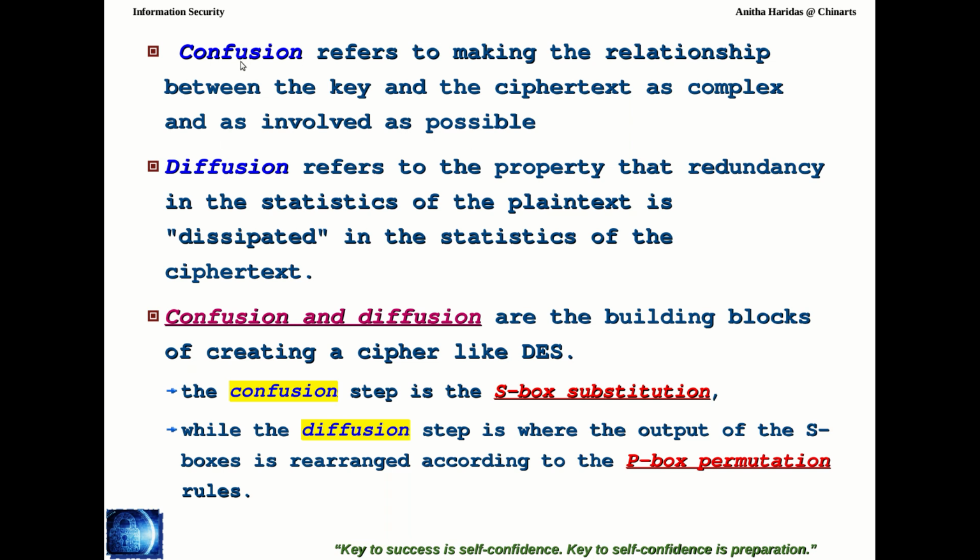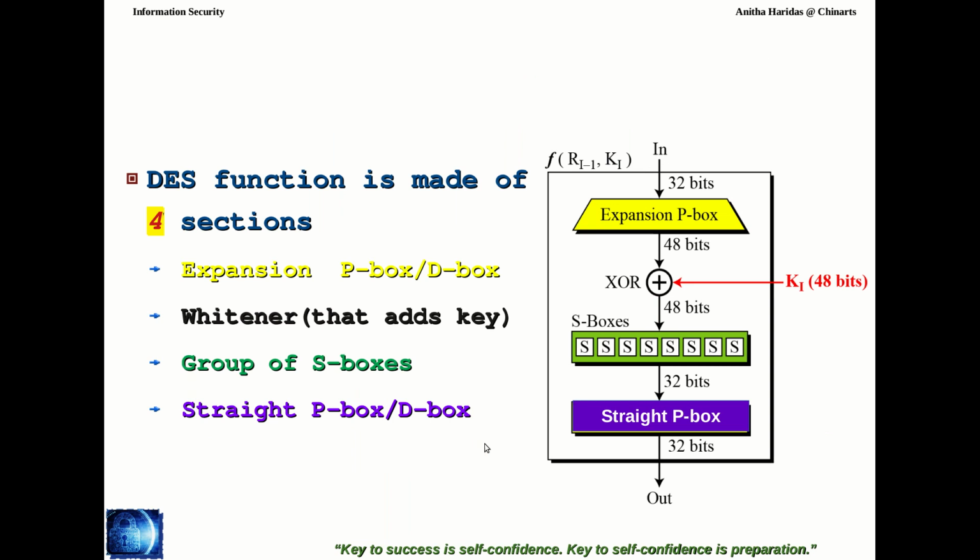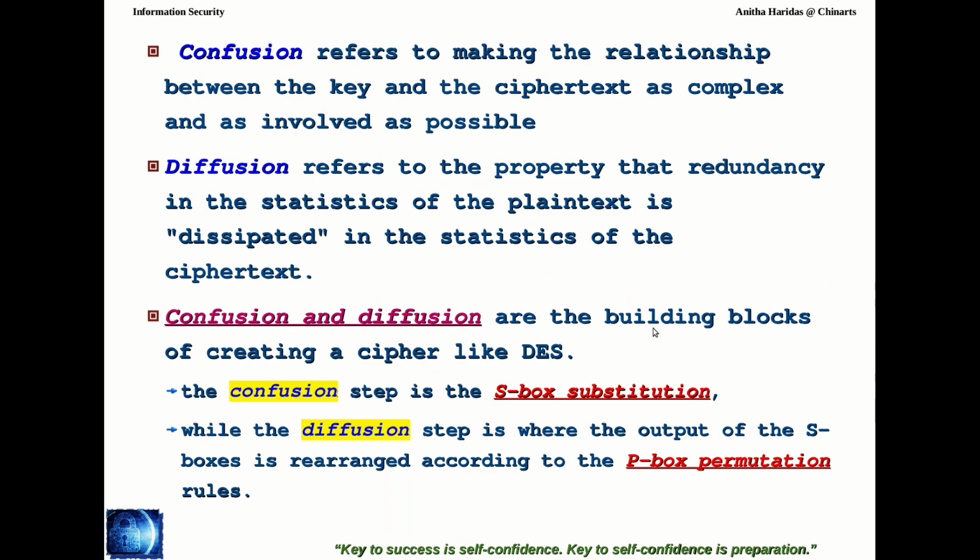So confusion and diffusion are the building blocks of creating a cipher like the DES cipher. The confusion here is introduced in the S box. So S boxes are used for implementing the confusion property, and the P boxes, the expansion P box and the straight P box, are used for implementing the diffusion property in the DES structure.